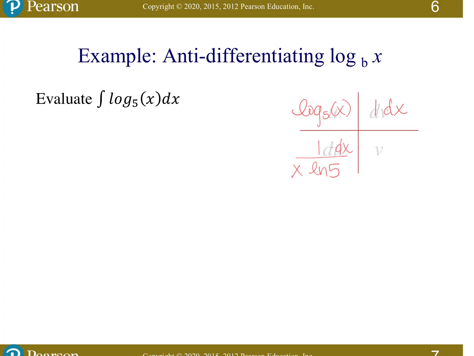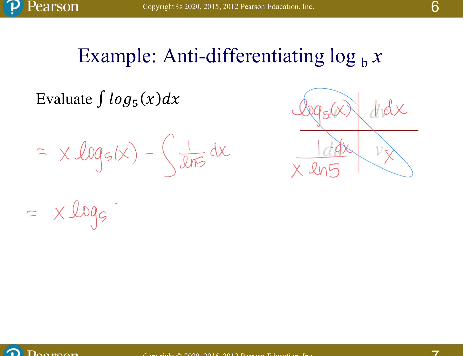And then my antiderivative, which is going to be x again. Okay, then we reassemble the pieces. So we have x log base 5 of x minus the integral of the combination, which would be 1 over ln 5 as a constant dx.